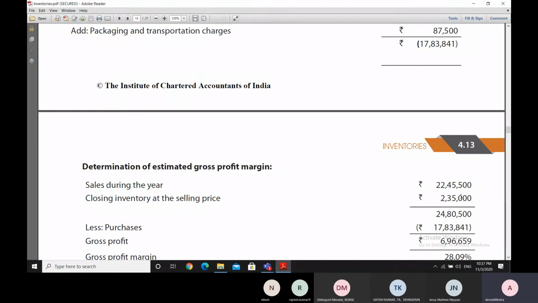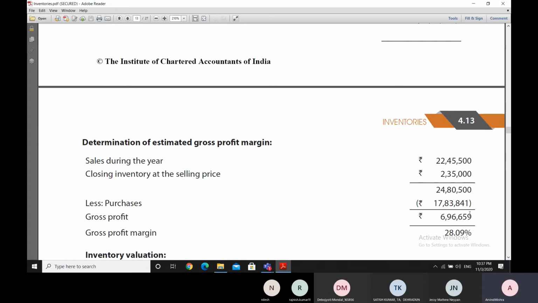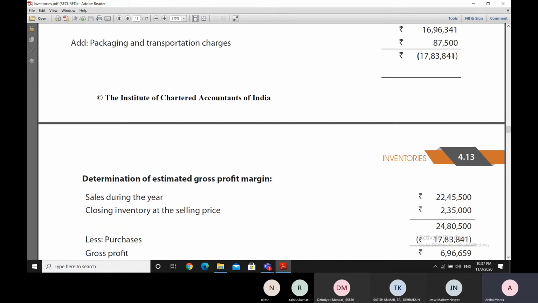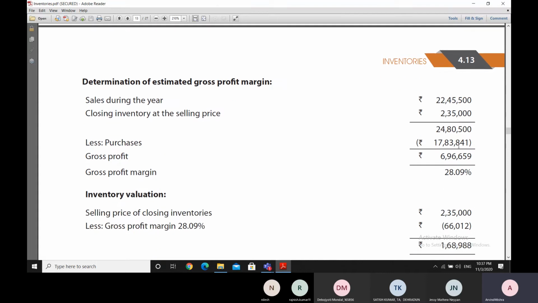So sales plus closing inventory gives us a value of 24,80,500. Now, from the sales plus closing inventory, we reduce the purchases, which is 17,83,000, which is coming from here, and thereby we get the gross profit at 6,96,659. From this gross profit, we are calculating a gross profit margin.